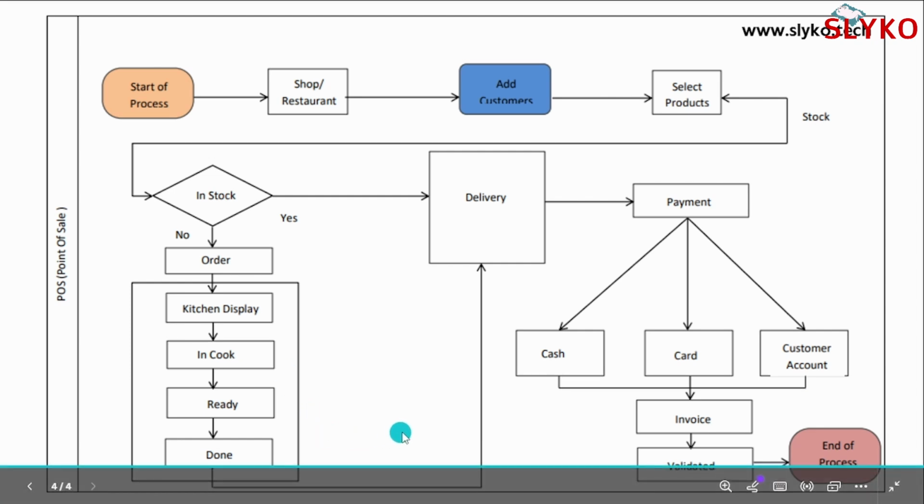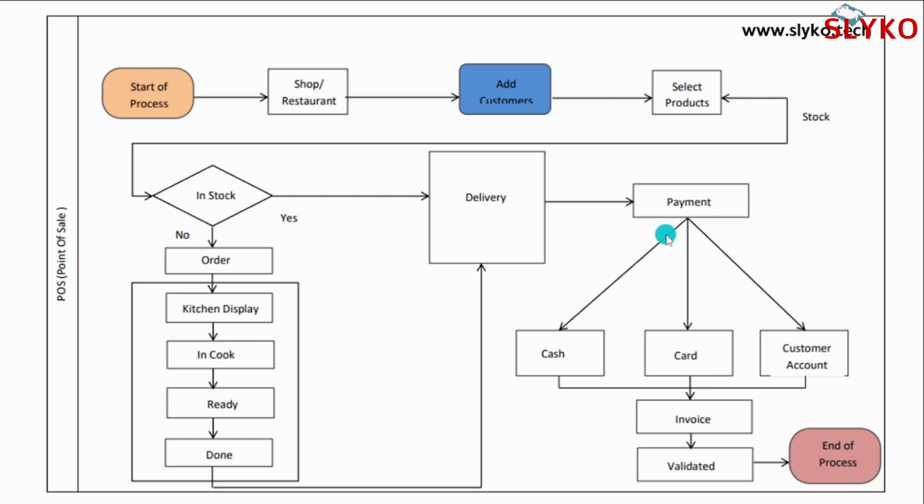Once the items are ready, the customer moves to the payment stage. Odoo POS supports multiple payment options, including cash, card, and customer account. The payment is processed and validated, and the system ensures that the correct amount is paid.